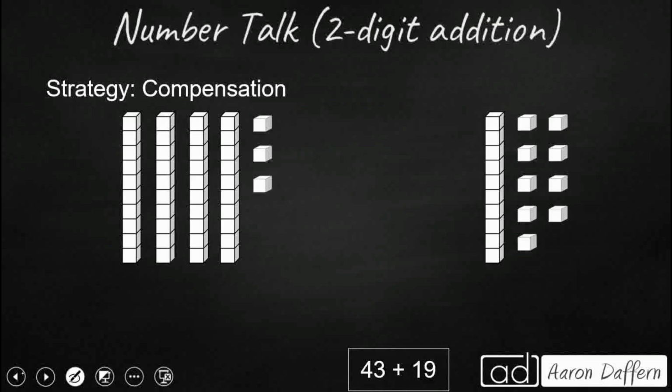We can also look at compensation. Compensation is when we look at a number and we say, you know what, which one is closest to the nearest 10, kind of like what we did in our very first strategy of making it 10. But this time we actually just change the numbers. We're going to take 1 away from this 43, and I want to make it a 42, because I'm actually going to take that and I'm going to put it over here.